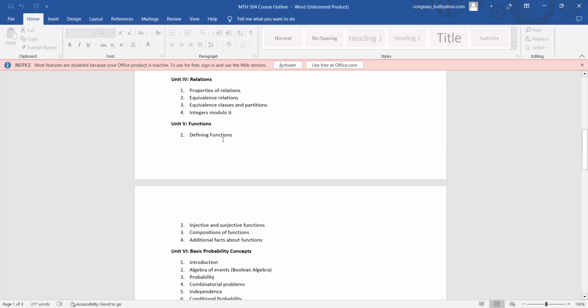How to define functions in a rigorous way, in pure math, and then we talk about injective and surjective functions, compositional functions, additional facts about functions. Those are all the facts we learned before, but we're going to introduce some new notions and do this in a more abstract way.